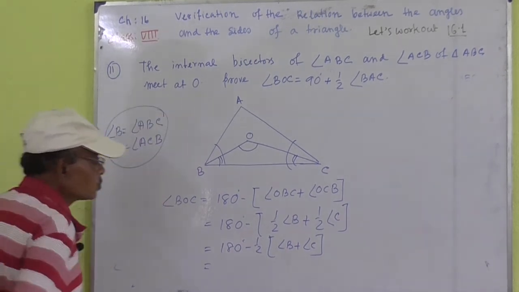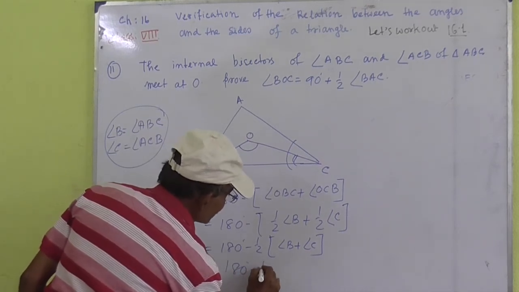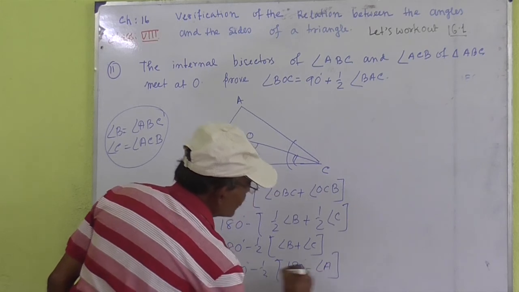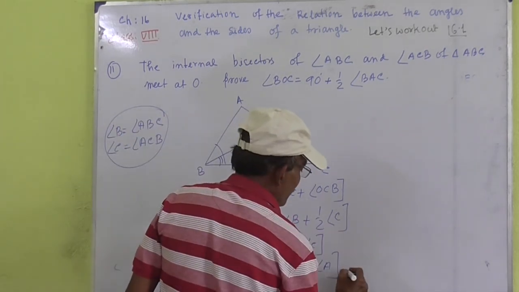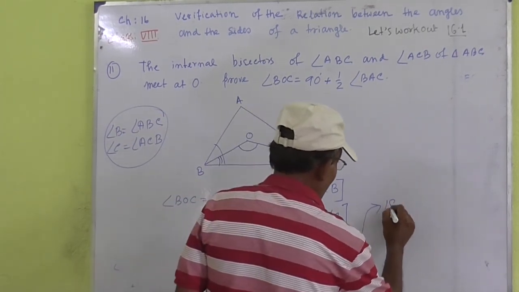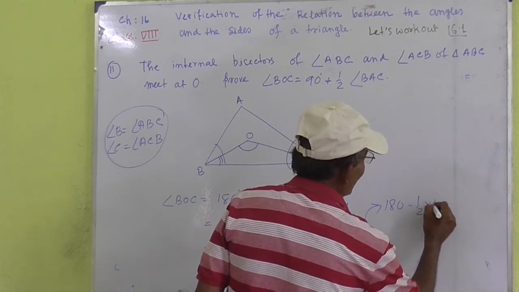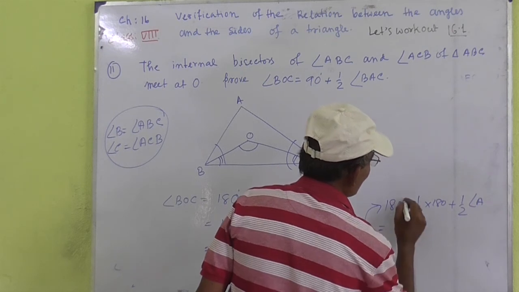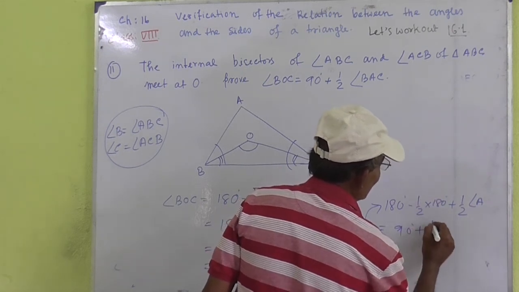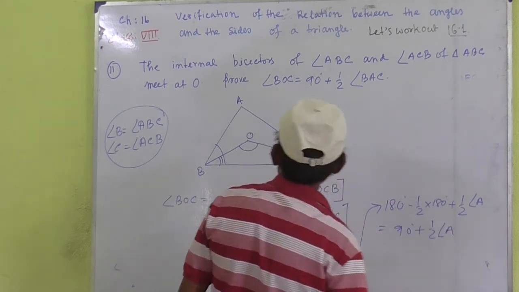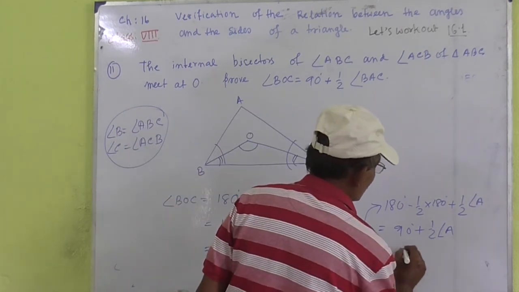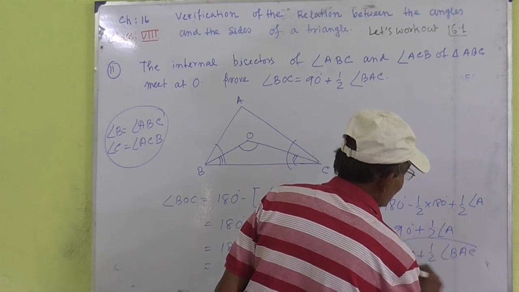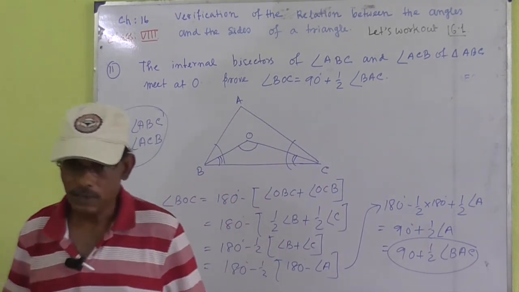Clear? So, 180 minus half of 180 minus angle A. That is 180 minus half into 180 plus half angle A. So, 90 plus half angle A. Angle A means BAC. It is 90 plus half angle BAC. Clear? This is a very important sum.